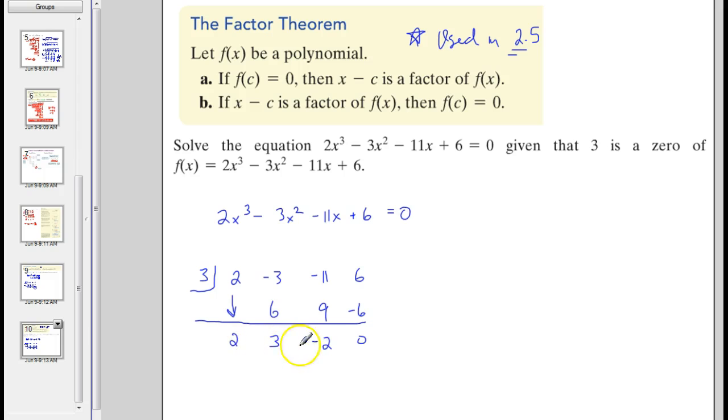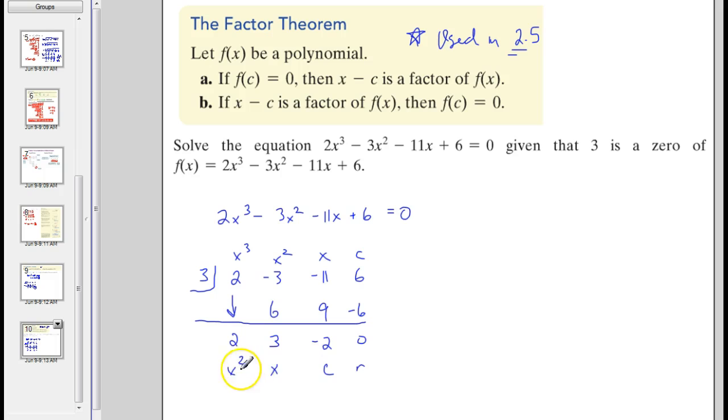I get a quadratic. This was x cubed, x squared, x and constant, so that means this is x squared, x, constant, and the remainder. I get a quadratic. Remainder 0, so I know 3 was a 0 of the polynomial.